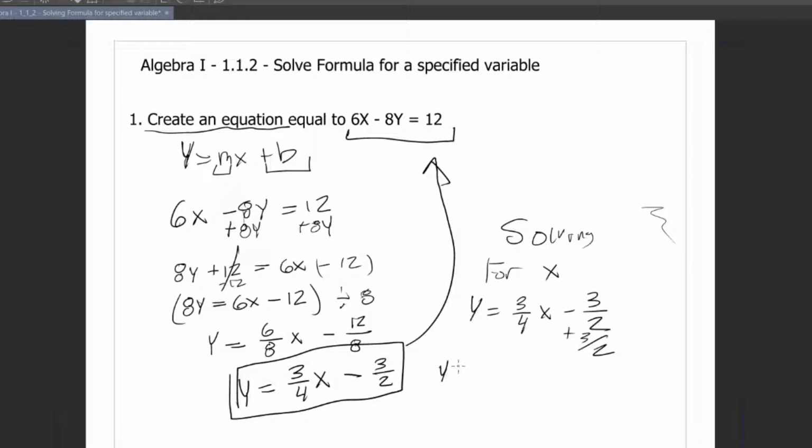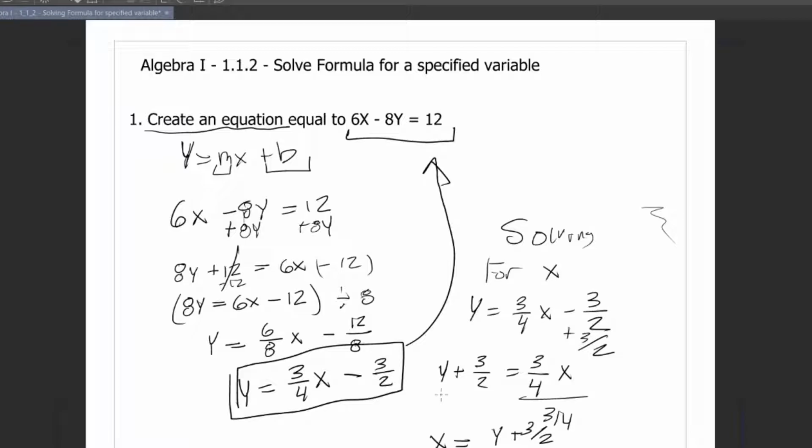So we have y plus 3 over 2 equals 3 over 4x. What we want to do here is divide by 3 over 4, or 0.75, and then you'll have x equals y plus 3 over 2, all of this over 3 over 4.